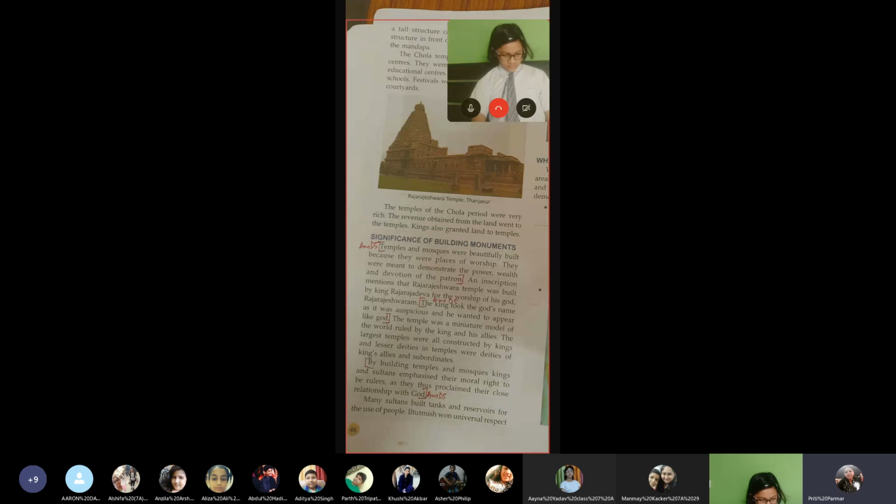The temple was a miniature model of the world ruled by the king and his allies. The largest temples were all constructed by kings, and lesser deities were the deities of kings, allies, and subordinates.